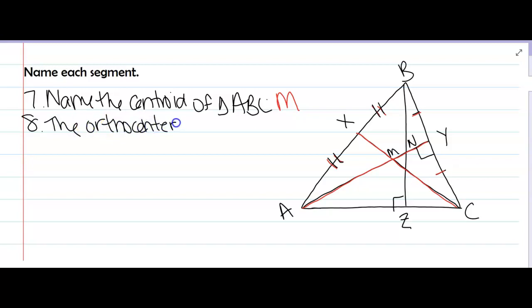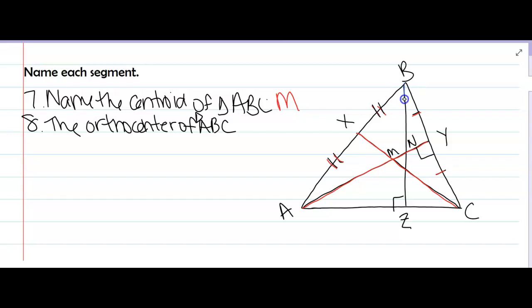orthocenter of triangle ABC. Remember the orthocenter, okay? The orthocenter is the point of concurrency for the altitudes. Remember the altitudes, they need to start from a vertex and go straight down to the opposite side.